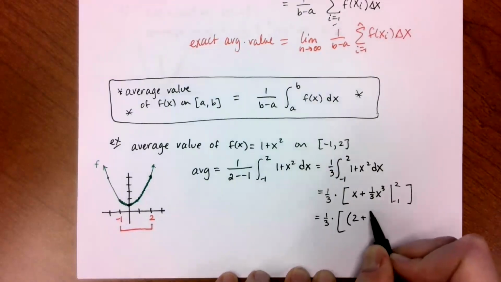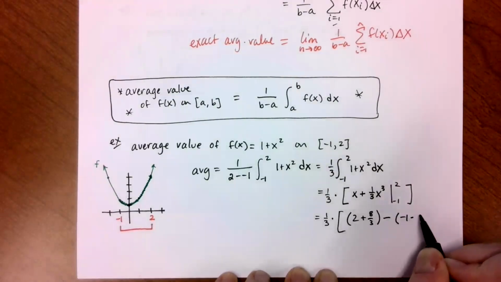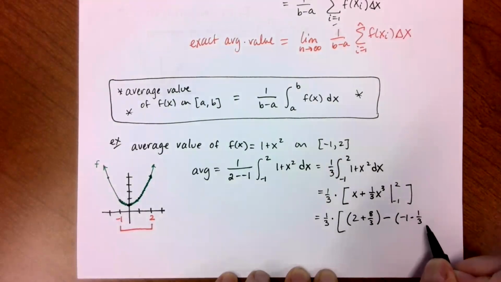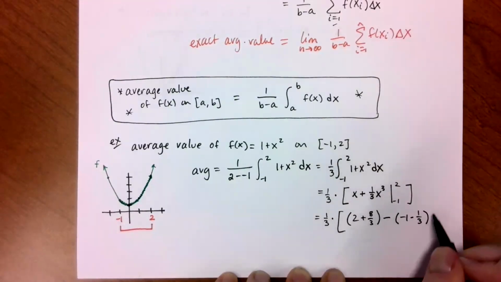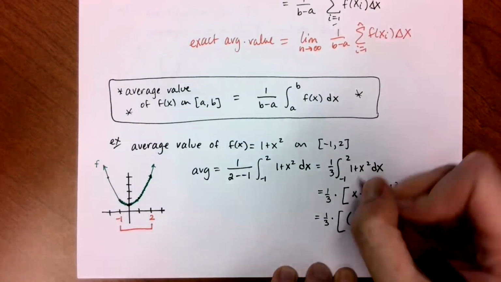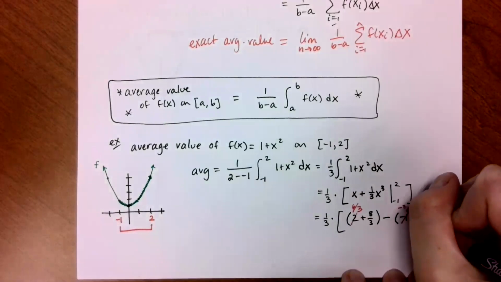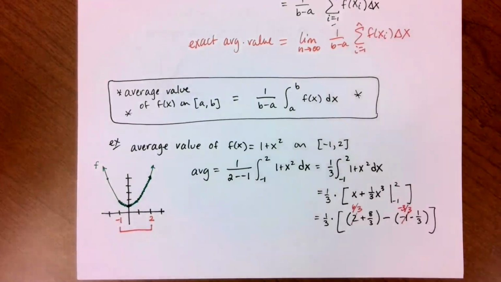Plug in the 2. Plug in the -1. -1 cubed is -1, so that's subtraction. All right, let's make some common denominators. We can do this. It's not too bad. I want everything over 3, so this 2 will be 6 over 3, and this -1 will be -3 over 3.